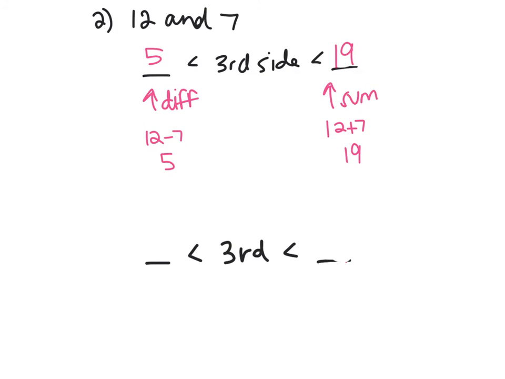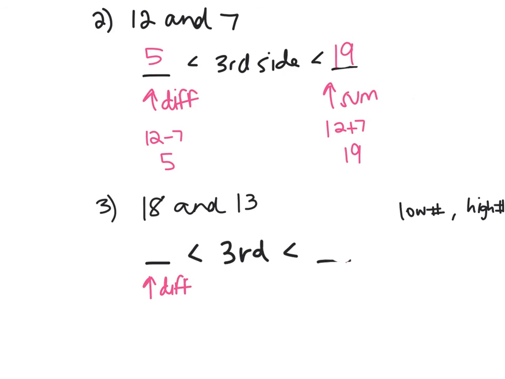Okay, last example, I know the numbers are gone, sorry. Let me fix that. So last one, you guys are going to tell me what the third side range has to be. 12 and we'll say, no, we just did 12 and 7. Duh. Okay, 18 and we'll say 13. All right. So you guys should have found your difference and your sum. Let me get my pen up.